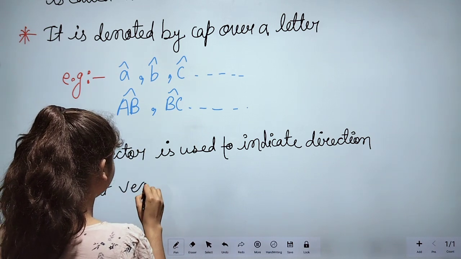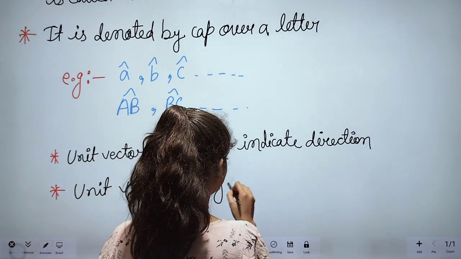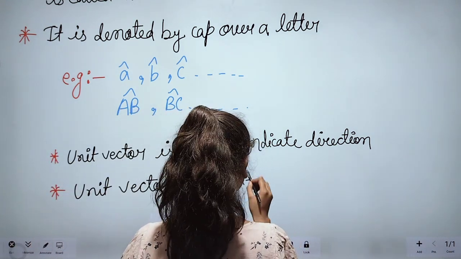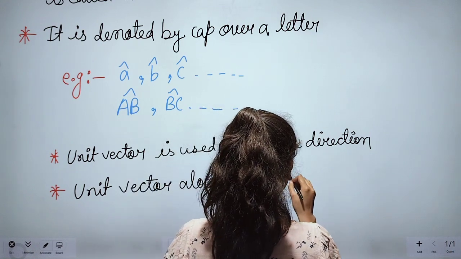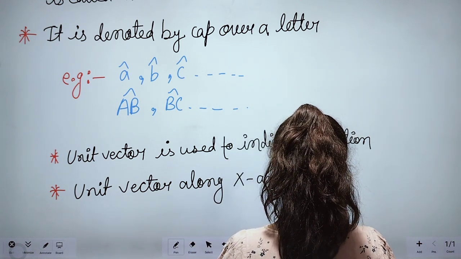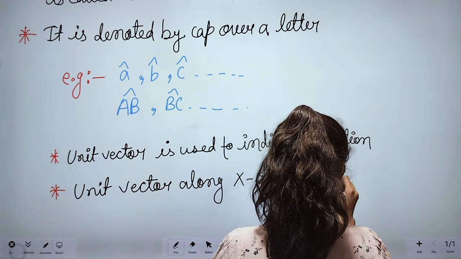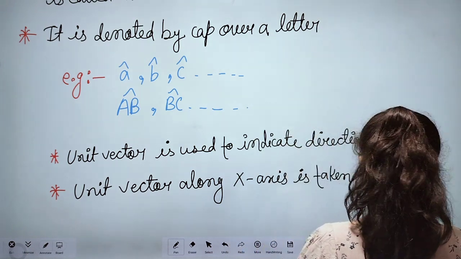Now the next point is the unit vector along the x-axis is taken as i cap.